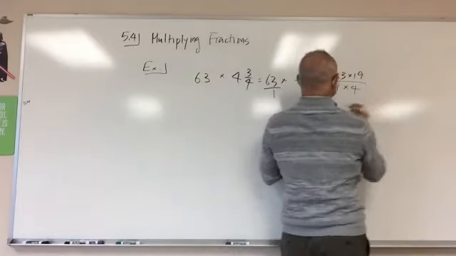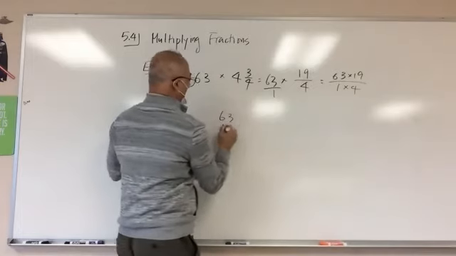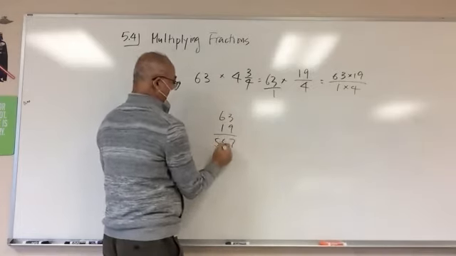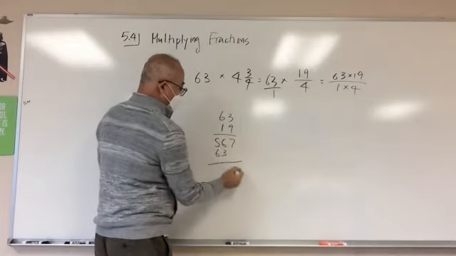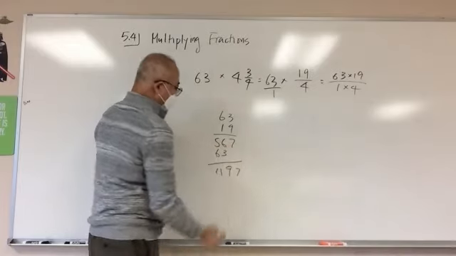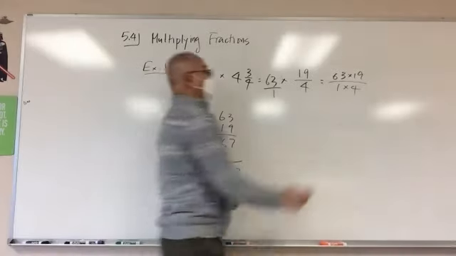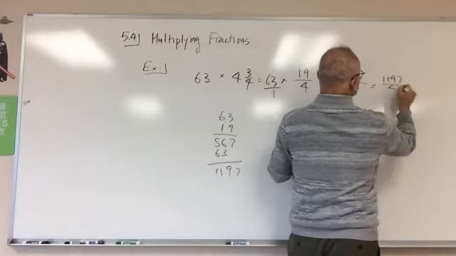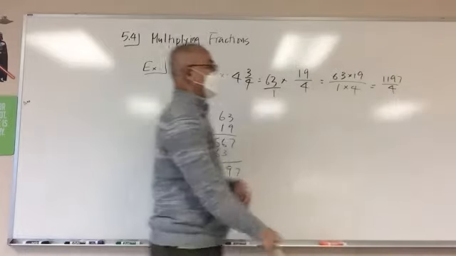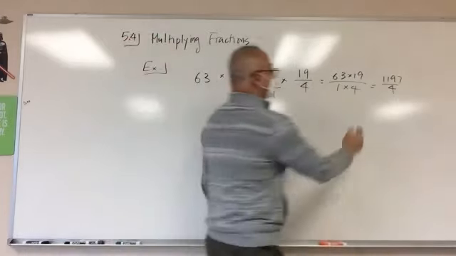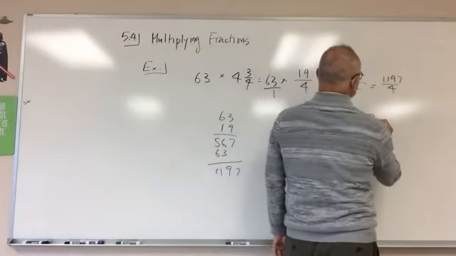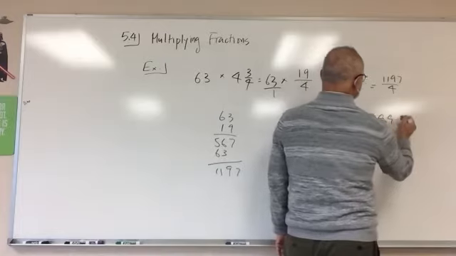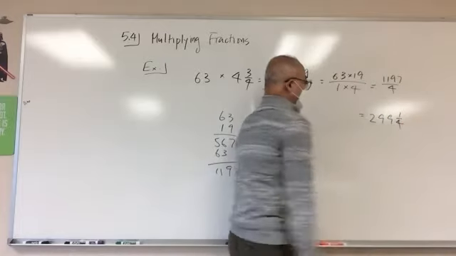So 63 times 19, 1197 over 4. Okay. So if I do the division, looks like I get 299 and 1/4.